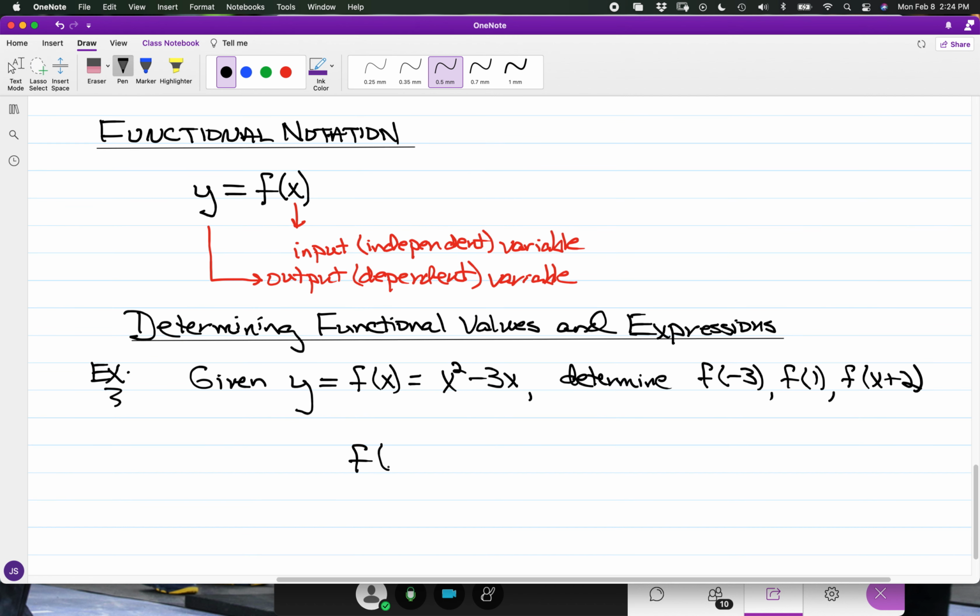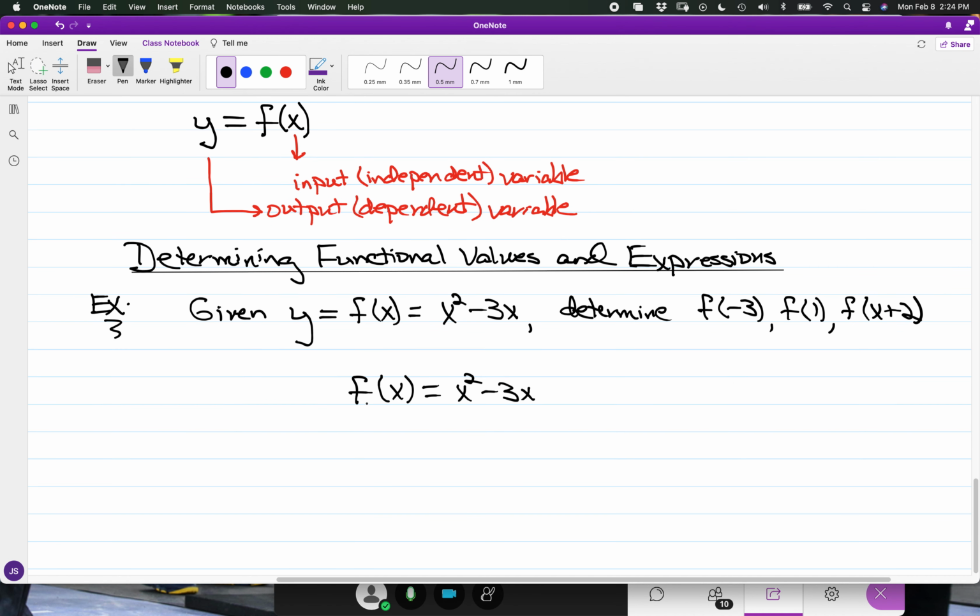Just in the layout, you have f of x equal to x squared minus 3x. Again, we have a quadratic function. f of x is referenced to y, so you have y is equal to x squared minus 3x. So in the pattern, f of the input is equal to the square of the input minus 3 times the input. Now with f of negative 3, I change the general input x to the specific value of negative 3.